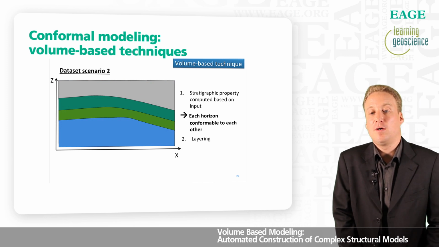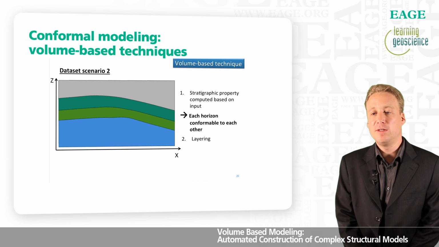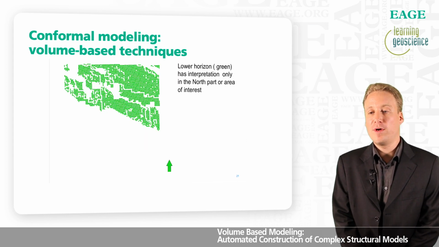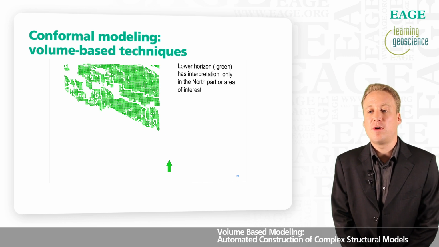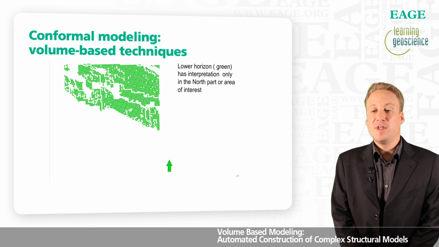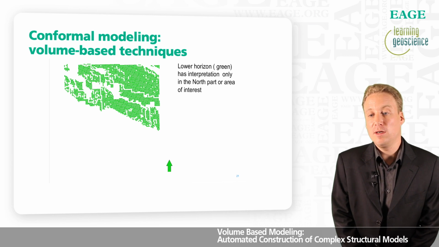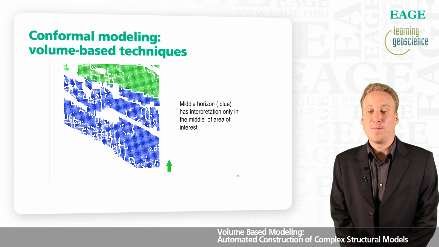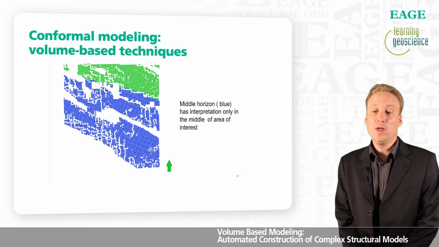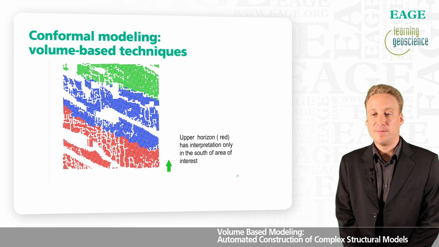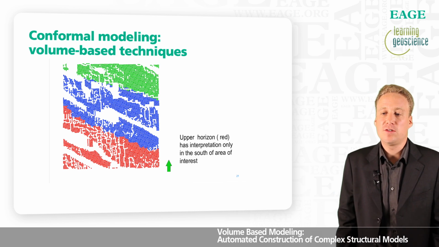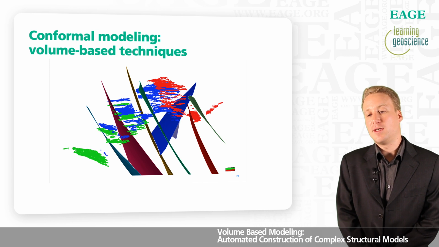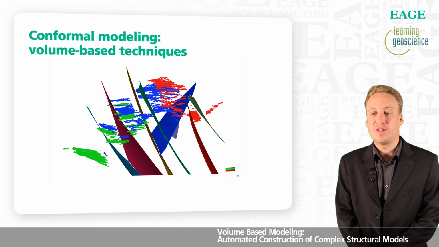So here is what it looks like on a real 3D model. This is a thrust model where we have one horizon interpreted only in the north of the area of interest, an intermediate horizon that's interpreted only in the middle, and top horizon that's interpreted only in the south of the area of interest. So that's a 3D view of the same model. You can see some thrust faults that are interrupting these horizons.